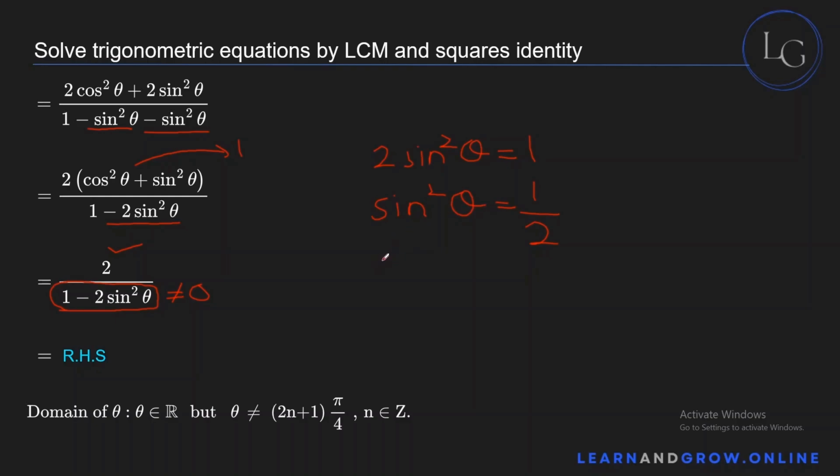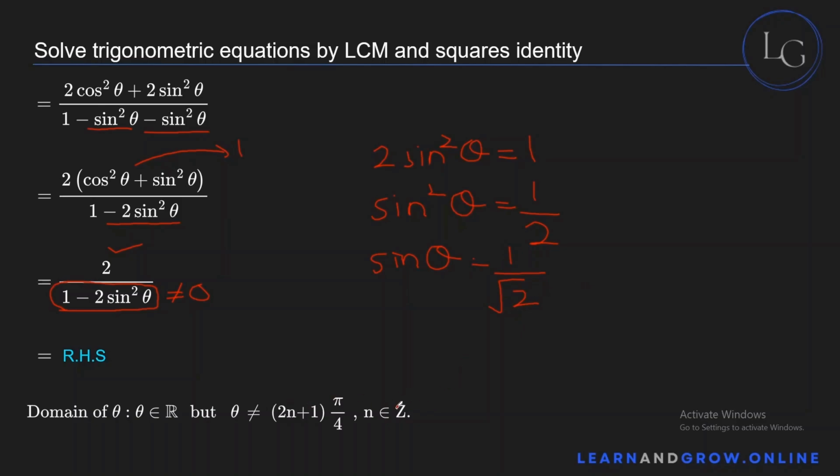Just to make it a little bit easier, let's say sine theta cannot be equal to 1 over under root 2, and you can find out that when you plug 2n plus 1 into pi by 4 in for theta, that just gives you 1 over under root 2. So when the value of n is 1, 3 pi by 4, at 3 pi by 4 the value of sine theta is 1 by under root 2, and if the value of n is, let's say, 2, 5 pi by 4 is also equal to 1 by under root 2.